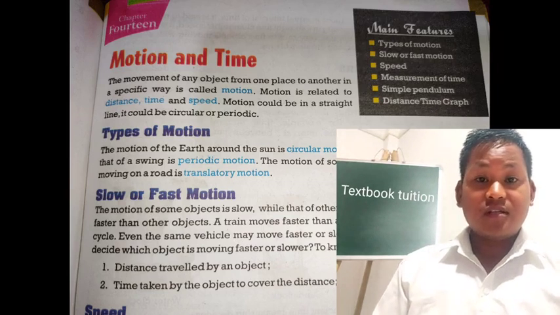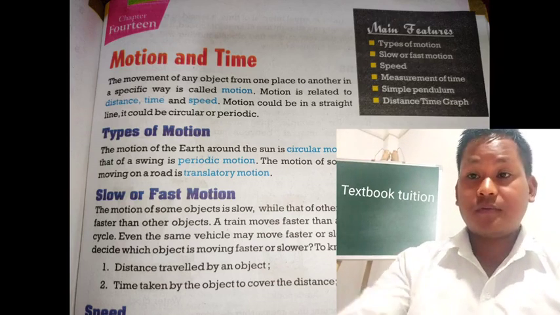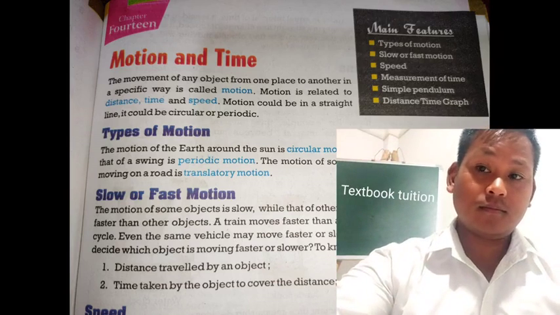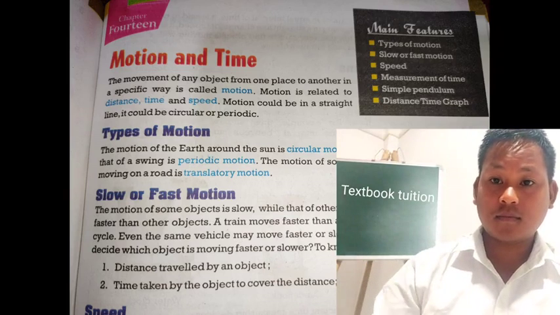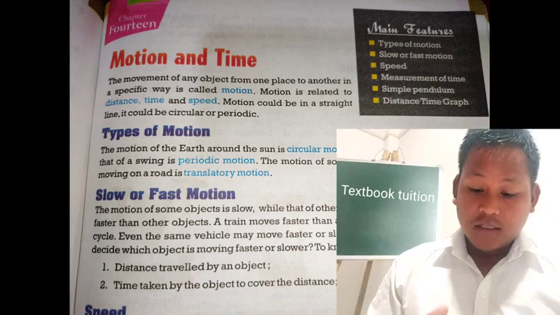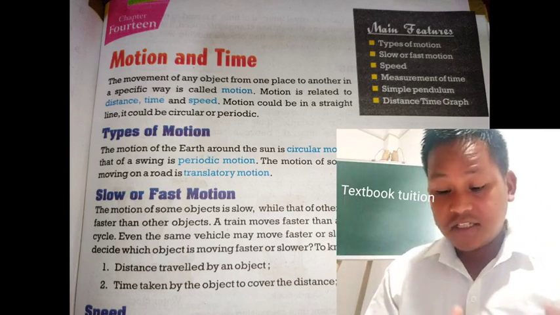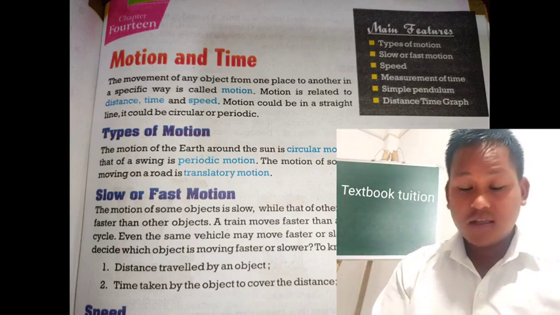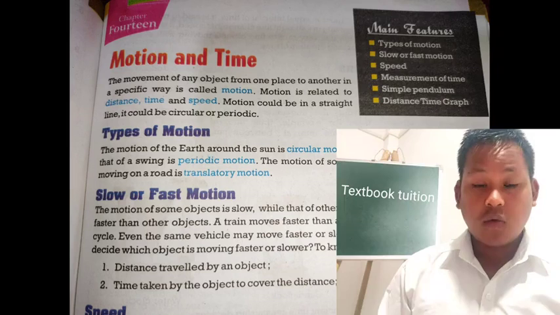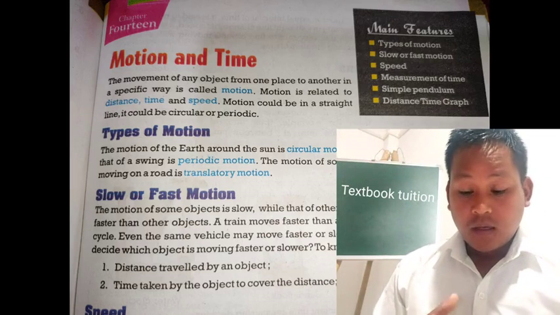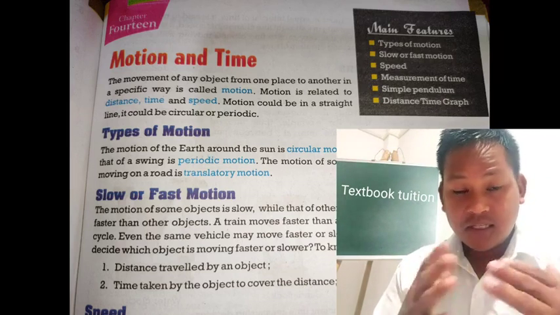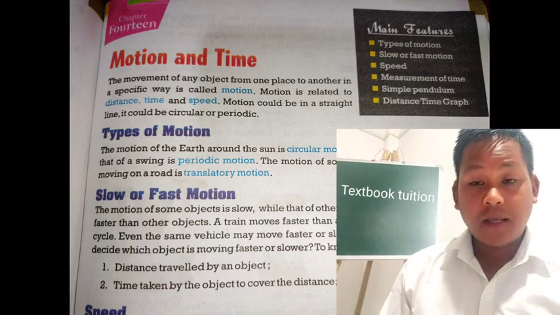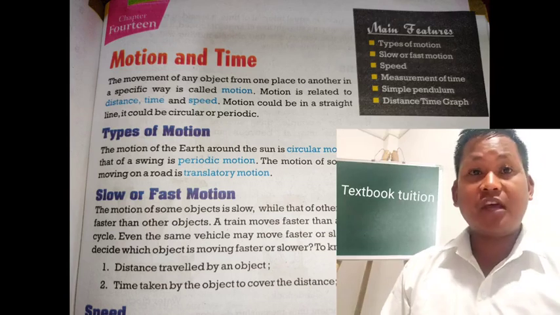Now we'll discuss speed. Speed is the distance traveled by an object in unit time.